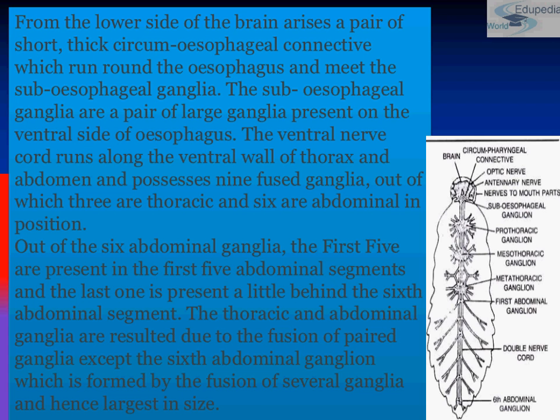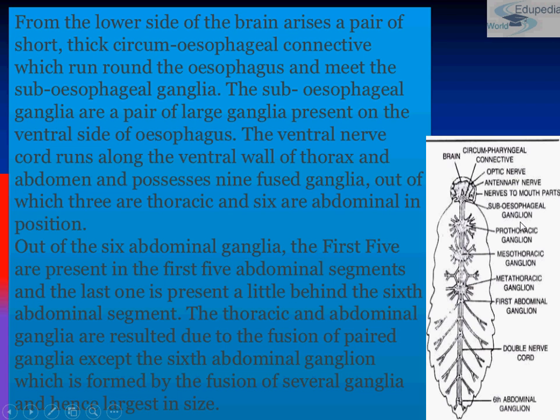The ventral nerve cord runs along the ventral wall of thorax and abdomen, and it possesses 9 fused ganglia, out of which 3 are thoracic and 6 are abdominal in position.